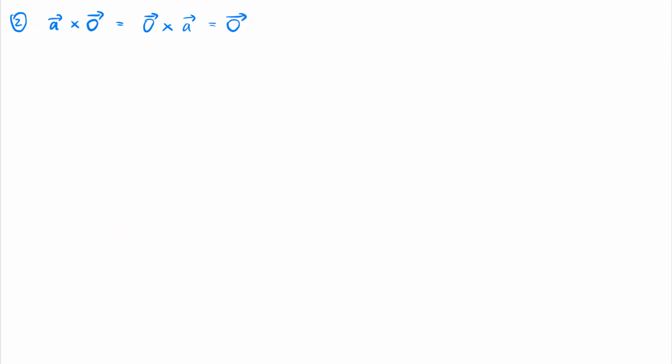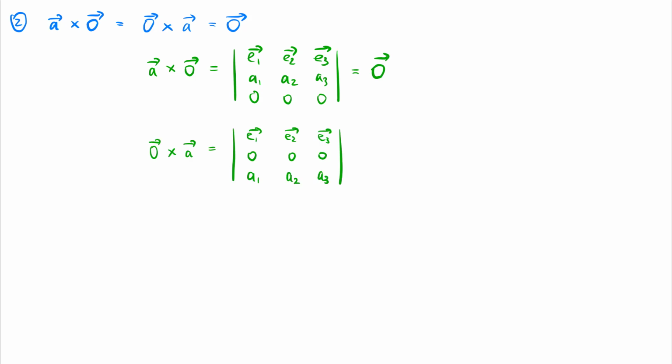The second property is that A cross 0 equals 0 cross A equals 0. Indeed, A cross 0 equals the determinant of E1, E2, E3; A1, A2, A3; 0, 0, 0. Since the third row is a 0 row, the determinant is 0. Similarly, 0 cross A equals the determinant of E1, E2, E3; 0, 0, 0; A1, A2, A3.